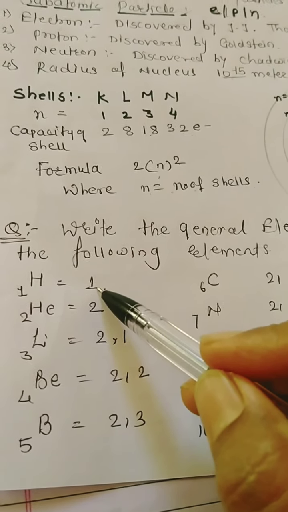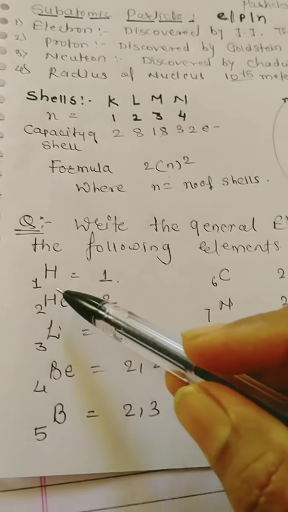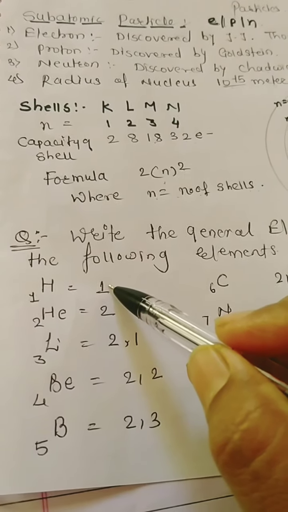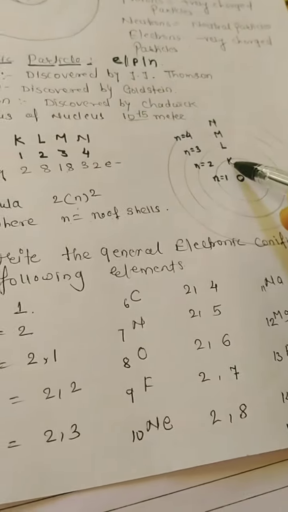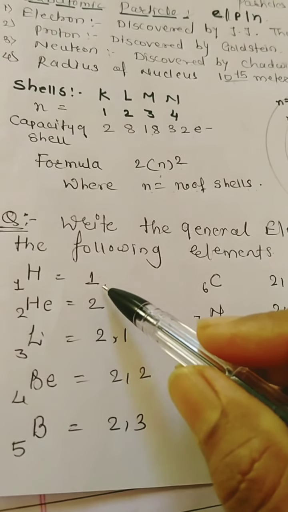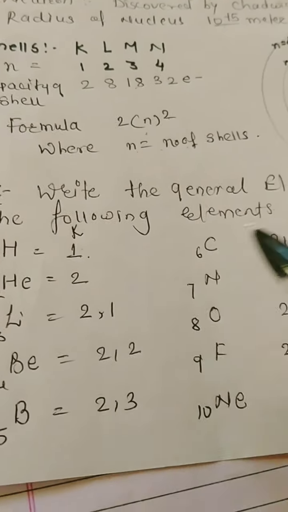As we know, atomic number means number of protons or number of electrons. So hydrogen has only one electron, so that electron enters into the first shell, that is K shell. वो K shell के अंदर enter करता है. So its electronic configuration is only 1.